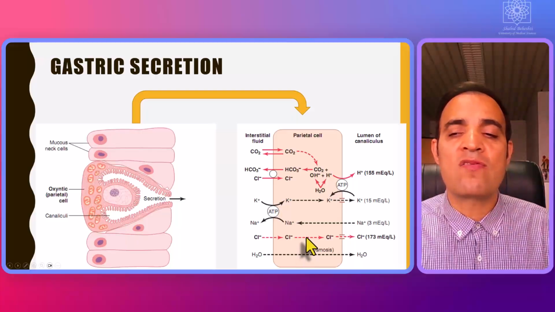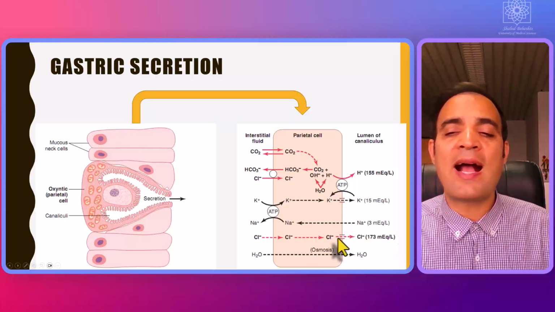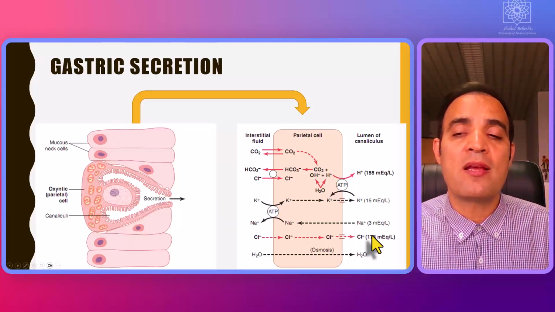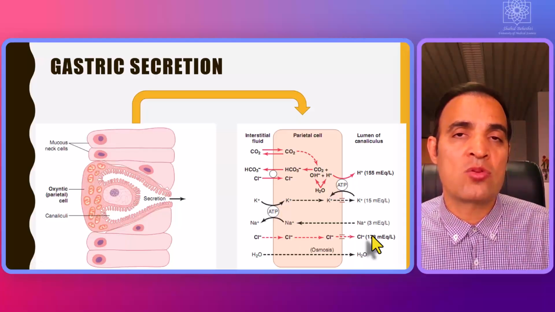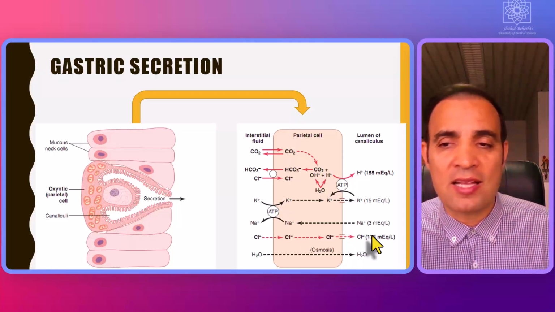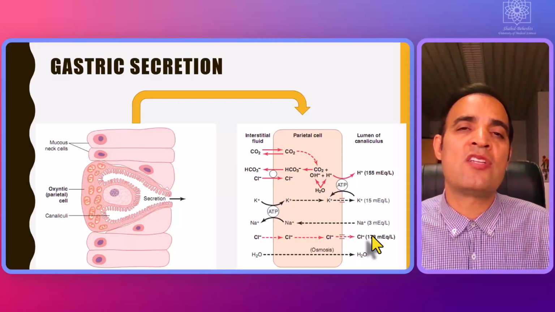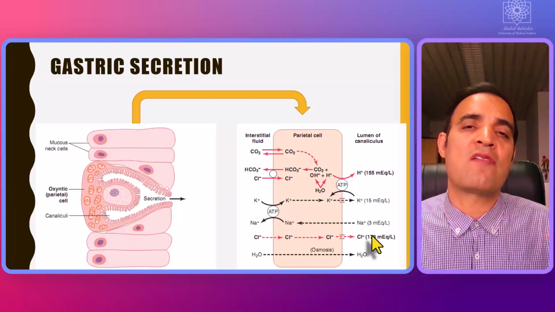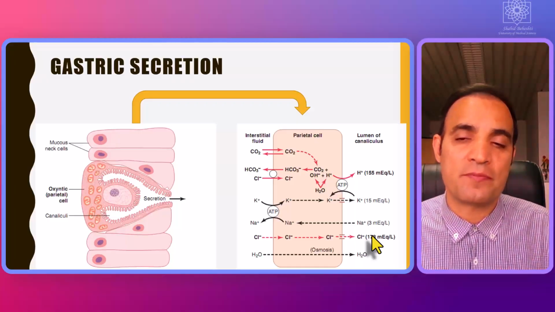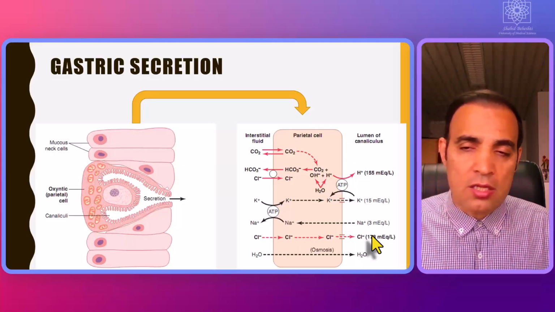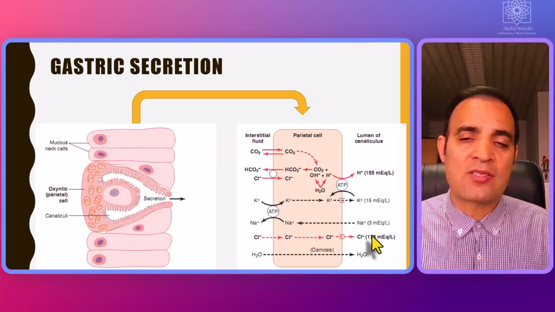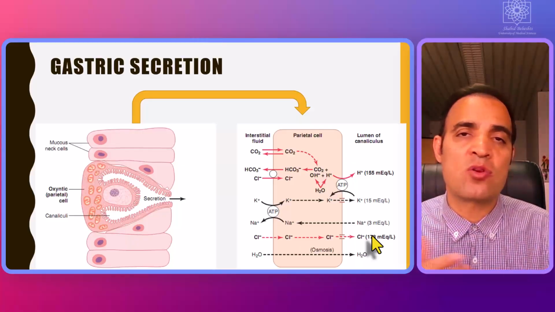Then this chloride will move out from the cell into the lumen according to the electrochemical gradient, and therefore hydrogen and chloride will reach each other, and they form hydrochloric acid. The exchange of potassium and sodium also helps this process to complete.